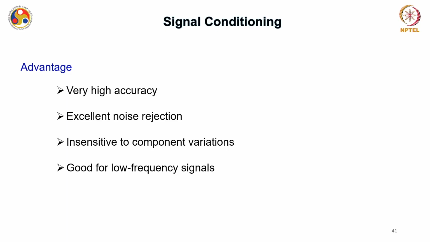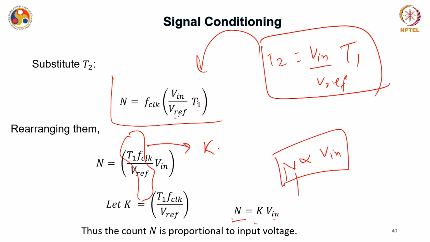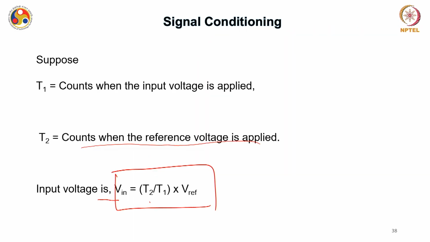There are several advantages of this particular kind of AD converter, like they have very high accuracy. They have excellent noise rejection. This excellent noise rejection is coming from this equation: I have V in equal to T2 by T1 into V reference.